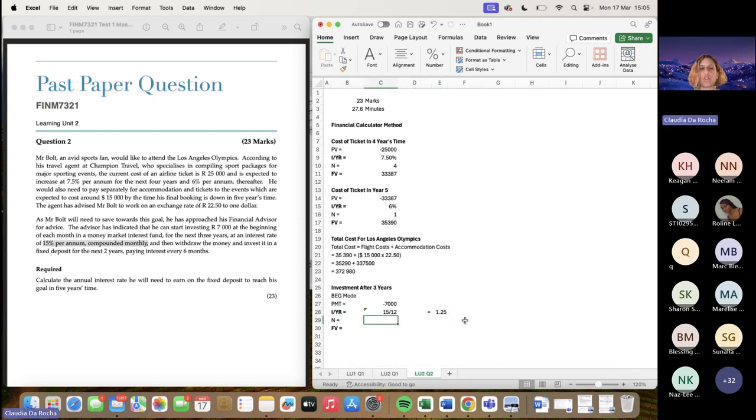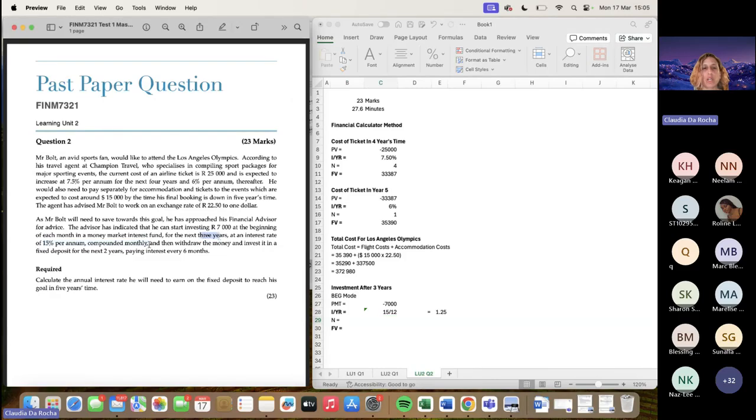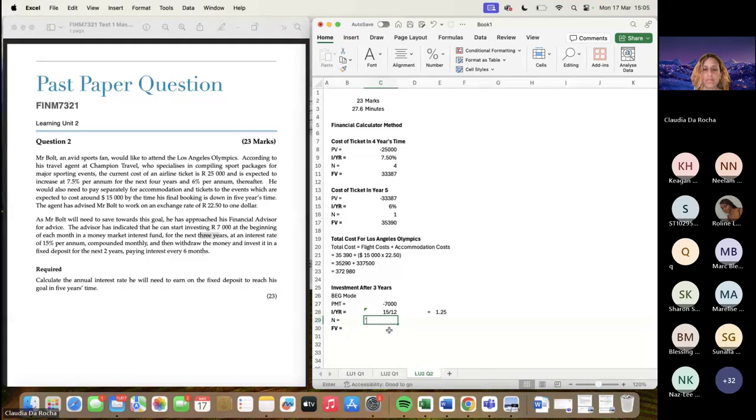Then our N, we have to do the same thing. We know that we've got 3 years, but it's been compounded monthly. So we need to say it is 3 times 12. Okay, so remember someone asked me earlier, how do I factor in compounding on the calculator? This is what I'm going to do.